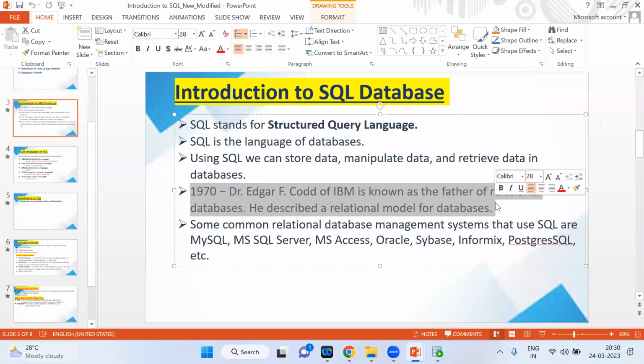So earlier, how was data stored? In earlier days, you can imagine going anywhere like school or hospital or any government office, police station or court. You can see that many files will be there in a court for the cases.